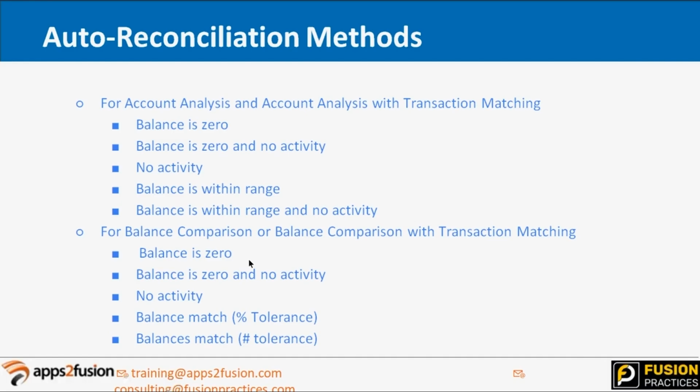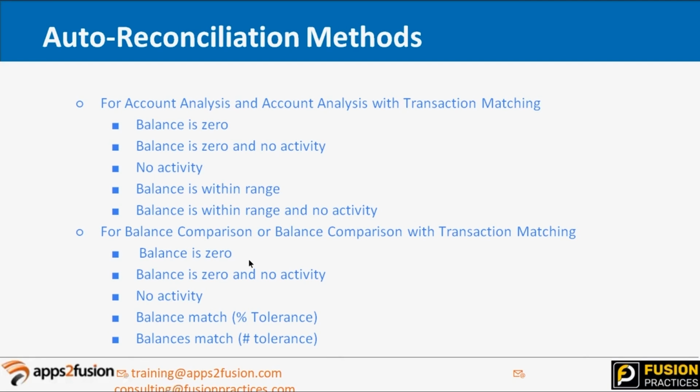This means that a previous reconciliation source system must exist for this method to be set. When the auto reconciliation succeeds for this method, then the reconciliation status will be closed.